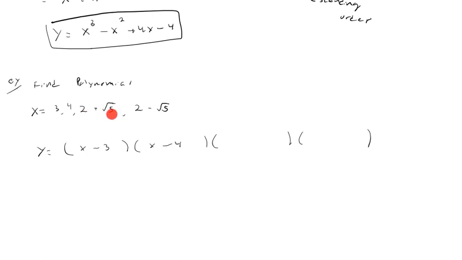So I'm going to say x, this is a positive 2, so I'll say minus 2, and that's a plus root 5, so I'm going to say minus root 5. I switch both the signs. And the same thing here. X, positive 2 makes this negative 2. Negative root 5 becomes plus root 5.